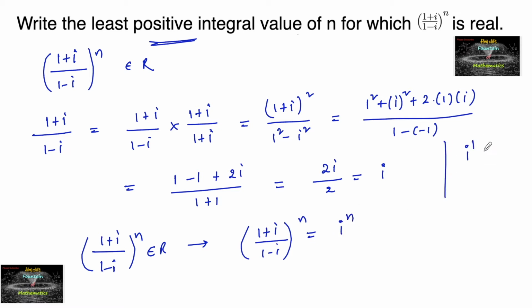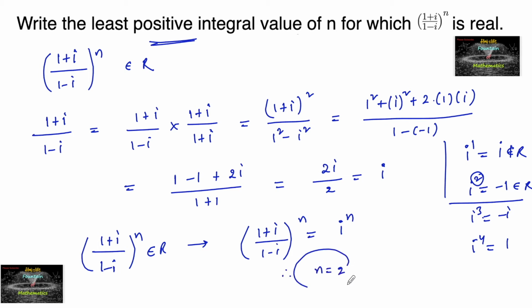We need to start from the least positive integers. i to the power of 1 is i, i to the power of 2 is minus 1, i to the power of 3 is minus i, and i to the power of 4 is plus 1. So i to the power of 1 is i, which is not real, and i square is equal to minus 1, which is a real number. So 2 is the smallest positive integer for which we get minus 1. Therefore n is equal to 2. This is the least positive integral value for which i to the power of 2 is minus 1, which is a real number. Okay.